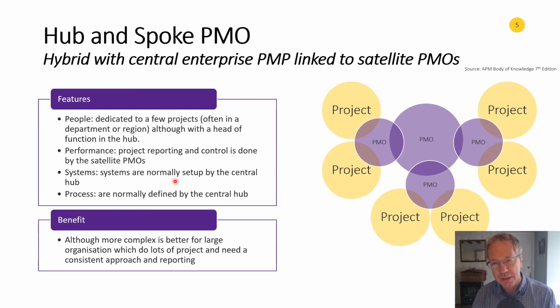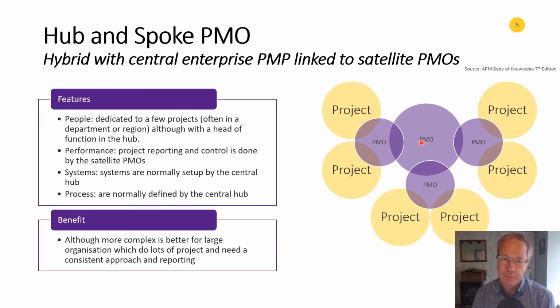So usually the people in the centralized PMO can go out and commission IT systems or design software packages or data portals to meet the needs of the business. That's one of the big advantages of this type of PMO, is you get those economies of scale that enable you to really develop systems and processes and procedures that are quite mature.